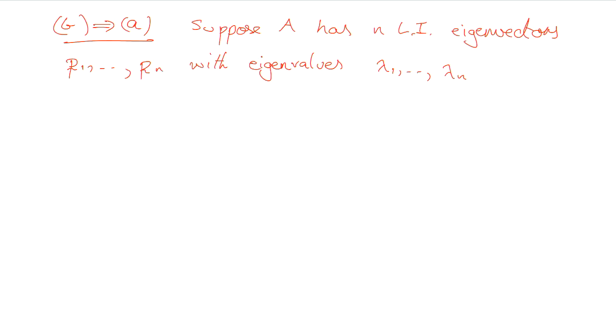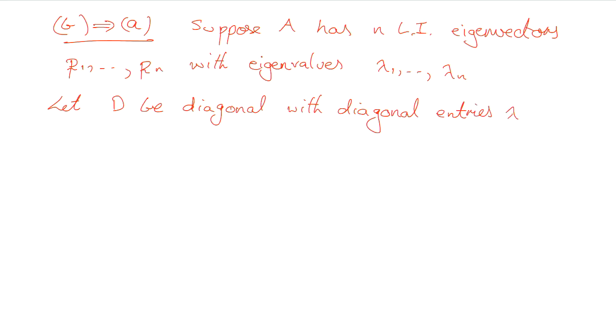Okay, so let's define P and D to be what we know they should be if A actually is diagonalizable. So let D be diagonal with diagonal entries lambda 1 up to lambda n, and let P be this matrix where the ith column is Pi.